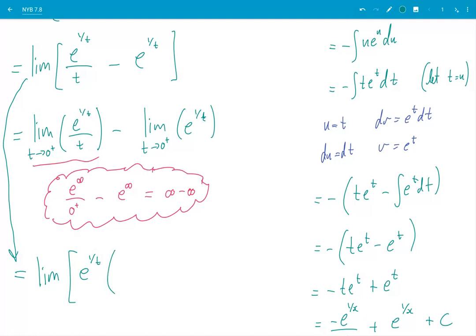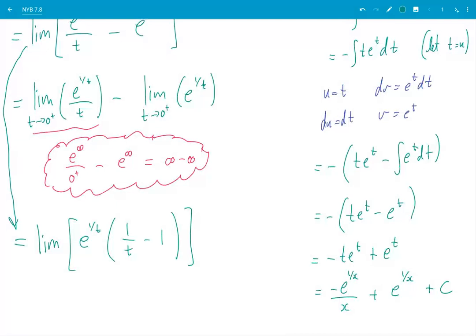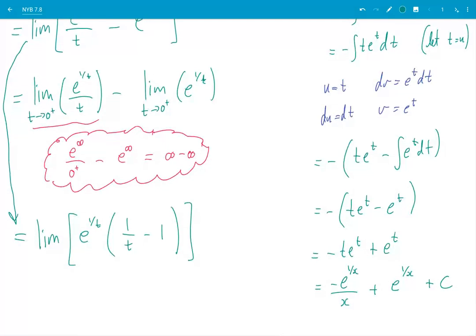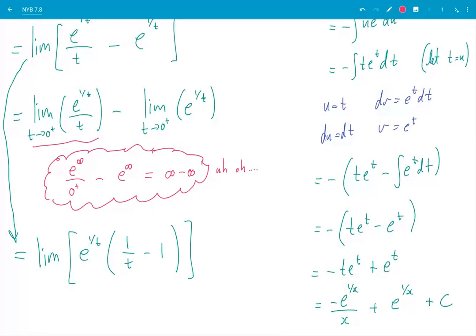Then we get 1 over t minus 1. Now let's contemplate this. This thought cloud was a real uh-oh. Caused me to backtrack. So I backtracked and I factored.